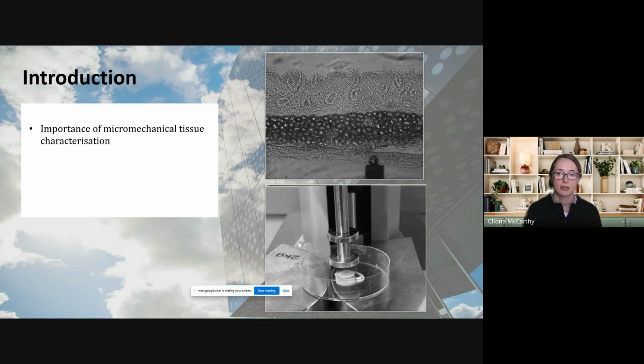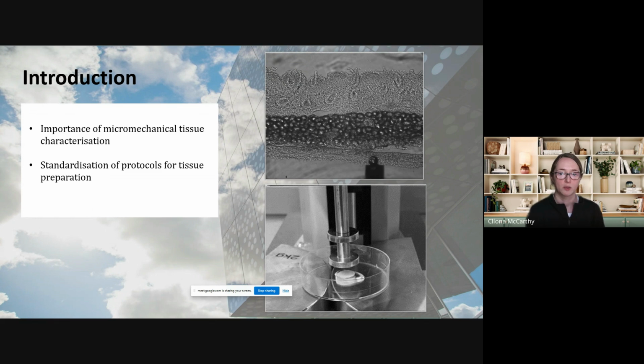So you can see very clearly here the differences with micromechanical testing. You can get down to regional differences, and even see very clearly the differences that occur within the layers of the tissue. And that would be why I would focus on micromechanical as opposed to macromechanical tissue characterization, to look at these regional differences that occur within the tissue structure.